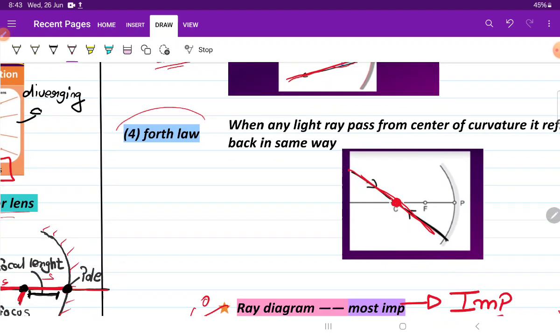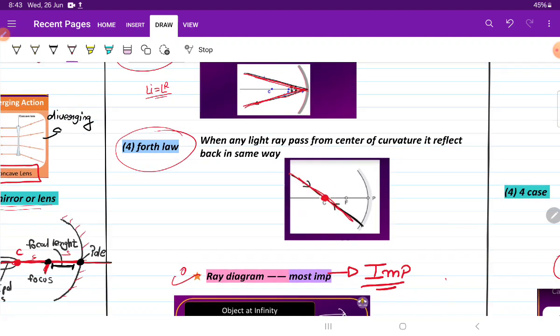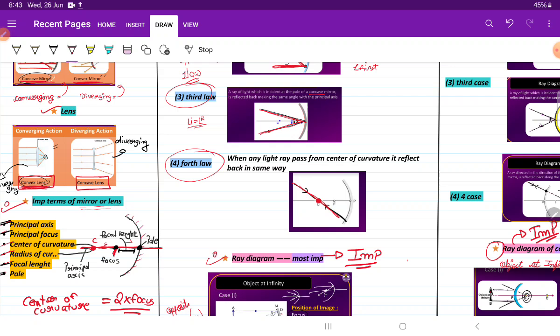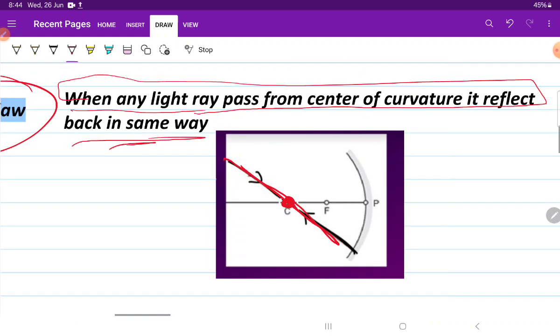What does the fourth law state? When any light ray passes through the center of curvature, it will come back the same way. That means, for example, a light ray is coming from here, cutting the center of curvature.